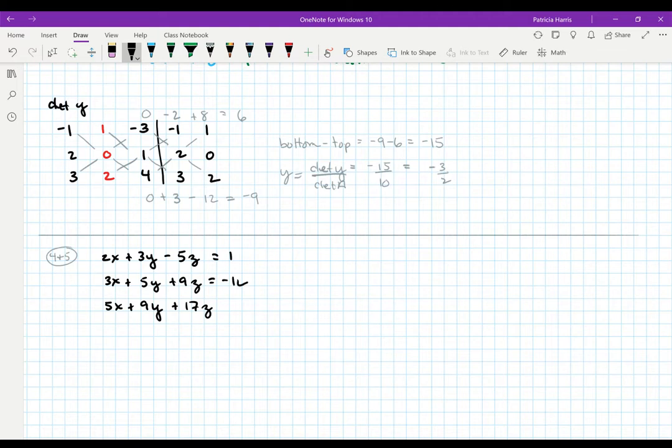Again, most of the mistakes people make on these are miswriting or mismultiplying. It's not something that is huge. Okay, so just double check. All right, so we're going to rewrite as a matrix equation. Don't drop those negatives.